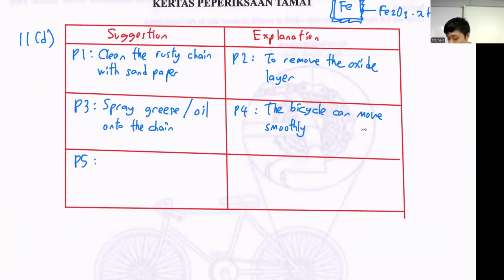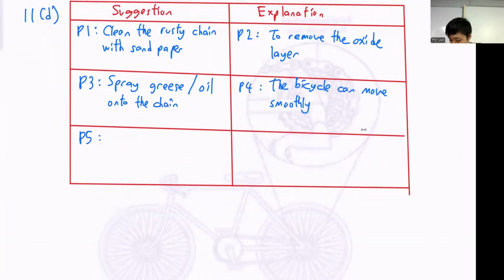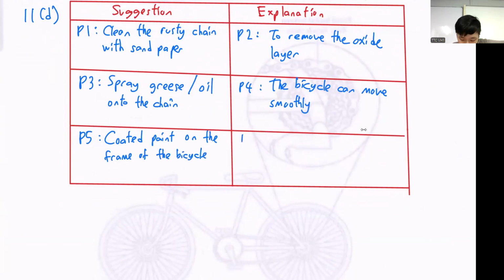Then fifth, what can you do to make it more beautiful? Painting. So coat paint on the frame of the bicycle. Then sixth, why do you have to paint? Just now you answered the question in C. To prevent iron from being in contact with water and air, right?